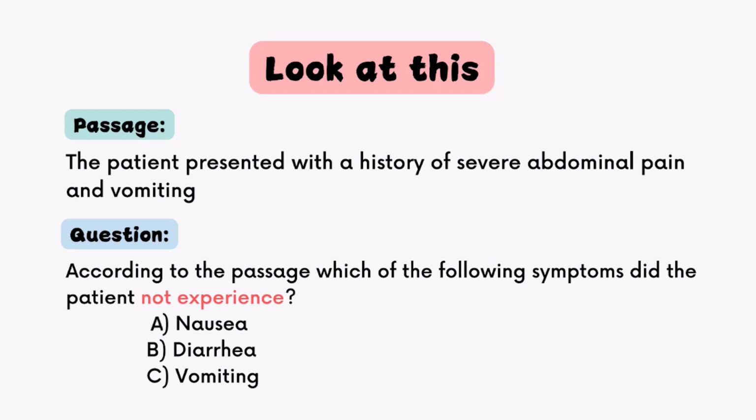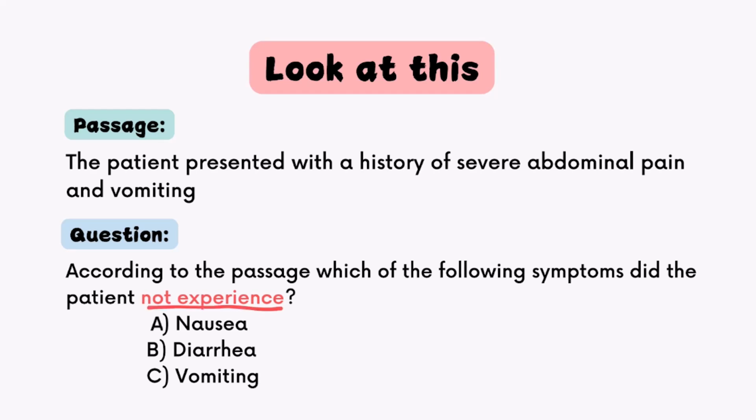So for your understanding, I would like to give you an instance. In the passage, they have mentioned: the patient presented with a history of severe abdominal pain and vomiting. This is your scenario, or the passage, right? And now look at the question. According to the passage, which of the following symptoms did the patient not experience?